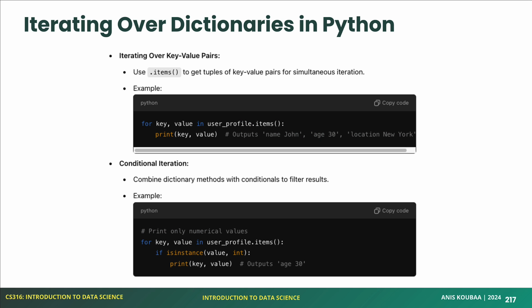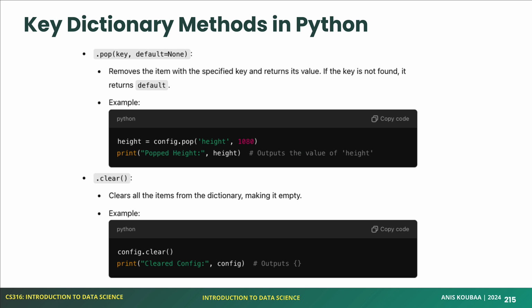Why does the pop take 2 arguments? Config.pop, why does it take 2 arguments? I think it's only supposed to take the key. Yeah, I think there is a mistake in this code.